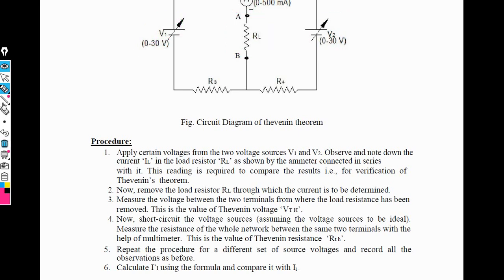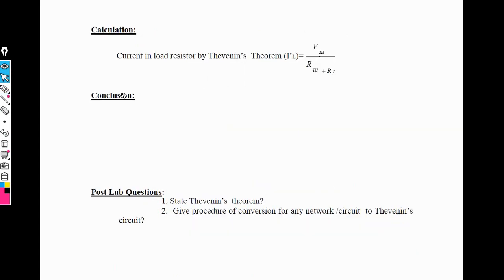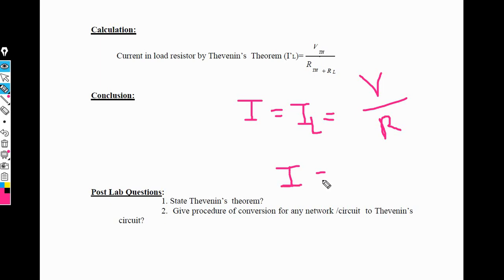This is the procedure and the formula for current. I is equal to V by R equivalent.